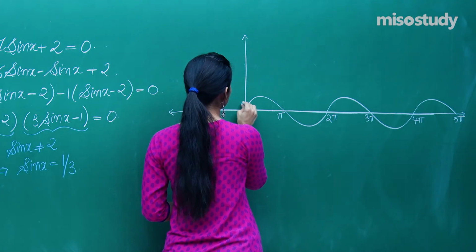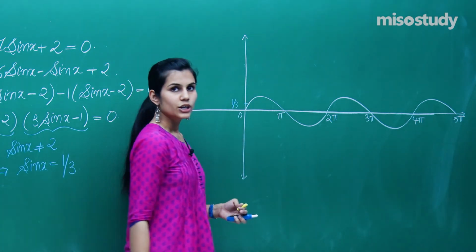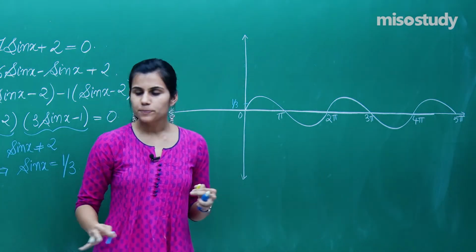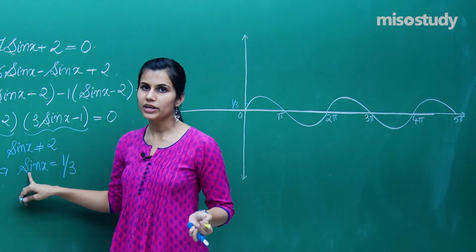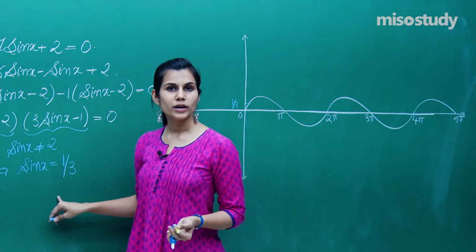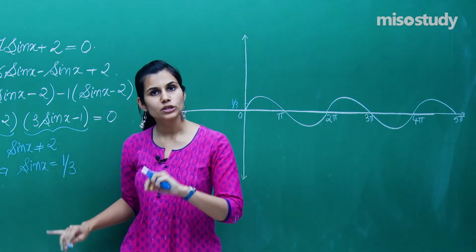Somewhere here is 1 by 3. You want to find out all those x's for which sine x is 1 by 3. Just plot the graph of sine x, which we have done in the range 0 to 5 pi. Plot the graph of y equals 1 by 3. See where these two are intersecting. Number of intersection points are going to give you the result.